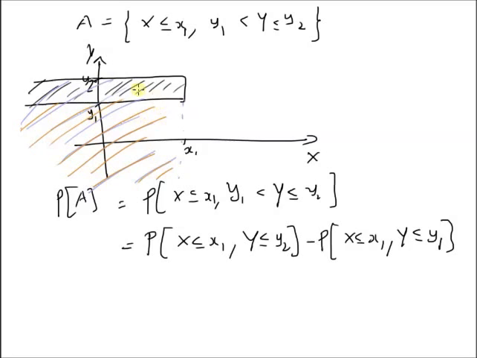By calculating the difference between the probability of the blue region and the probability of the orange region, which corresponds to these two probabilities, we can calculate the probability of the event A, which is given by the difference between the joint CDF at x1 comma y2 minus the joint CDF F_XY at x1 comma y1. So this difference should give the probability of event A.